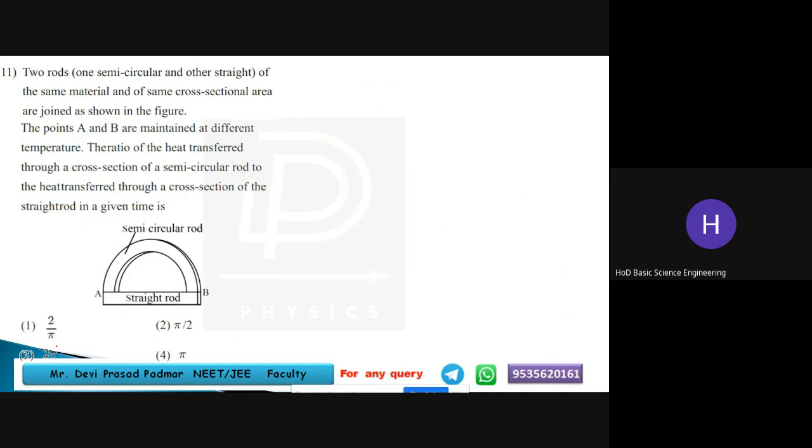The ratio of heat transferred through the cross section of the semicircular rod to the heat transferred through the cross section of the straight rod. Heat transfer, the rate of flow of heat, is given by K A delta theta or delta T, difference in temperature, divided by L.